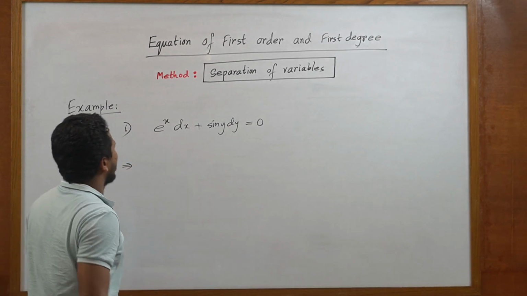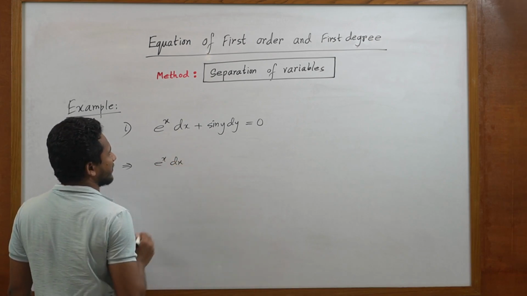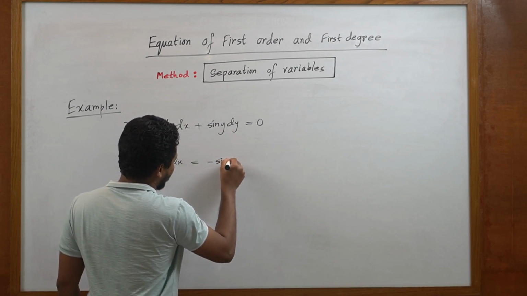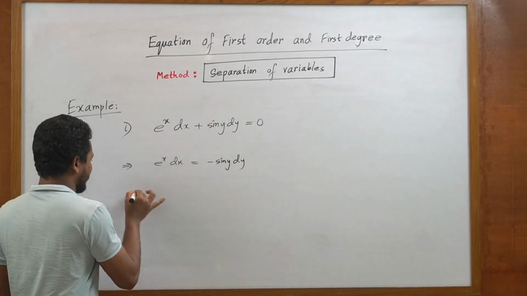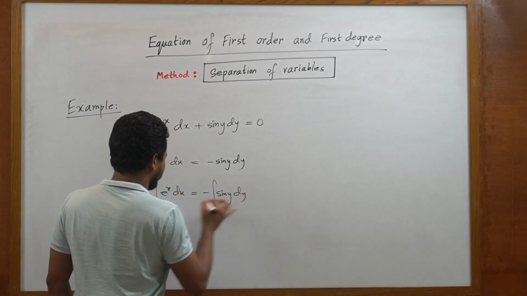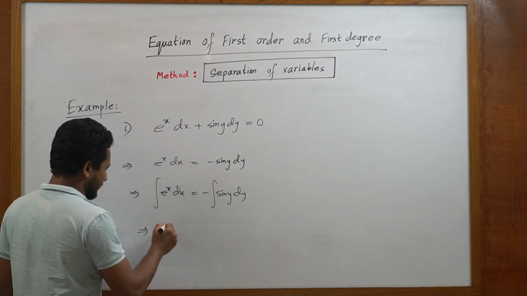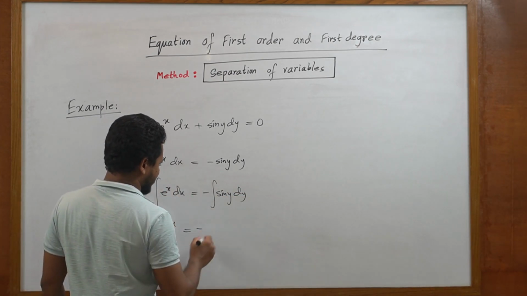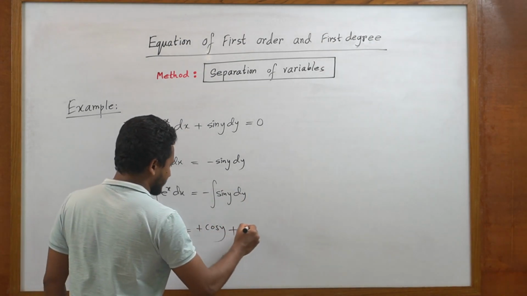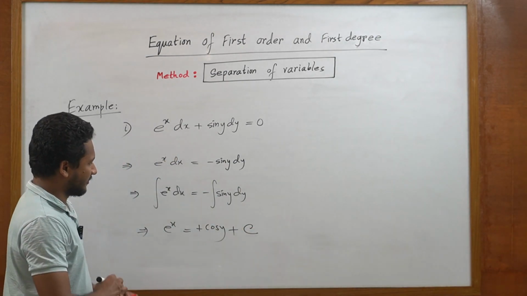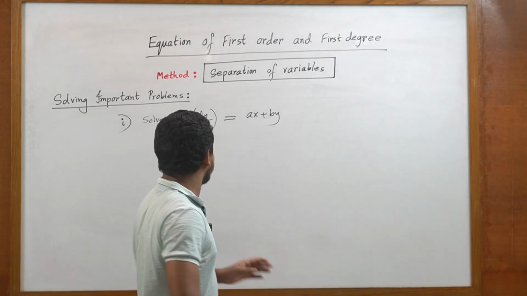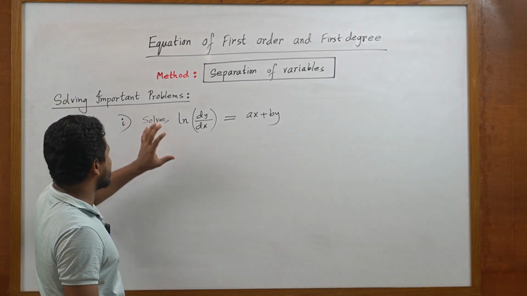Then x function at one side, function of y at the other side, and integrate both sides. This integration gives e to the power x minus cos y plus c. So this is the solution. Okay, now we will go to solving problems.